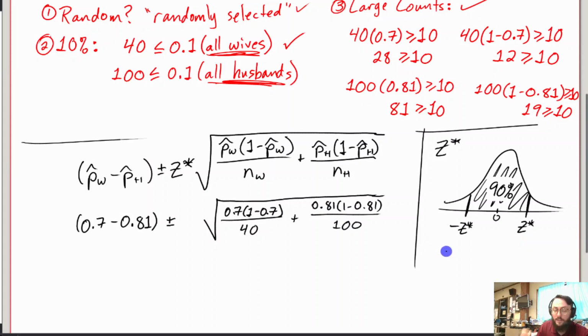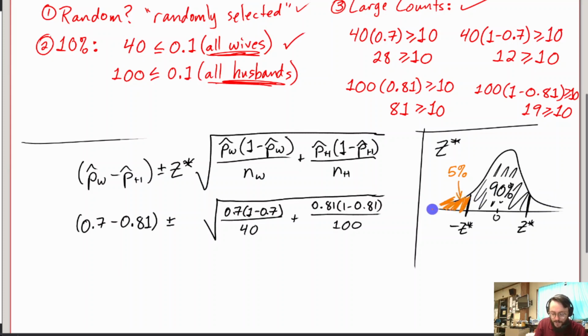Probably the easiest is to recognize that this region right here is 5%, because there's 10% left over after the 90%, split evenly into both sides, 5% each.